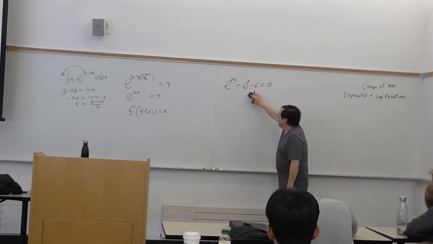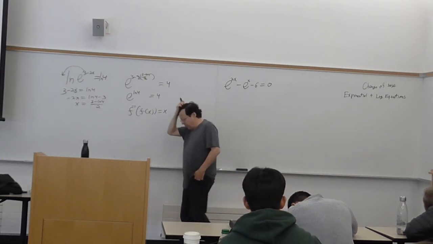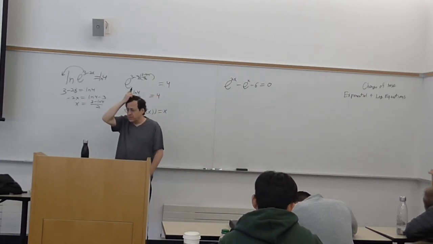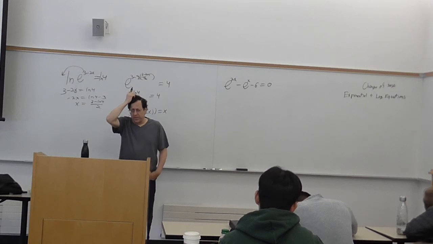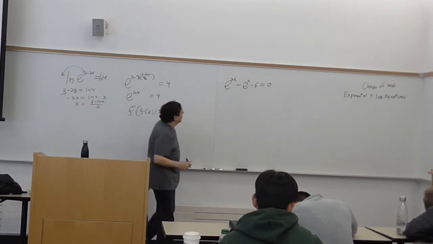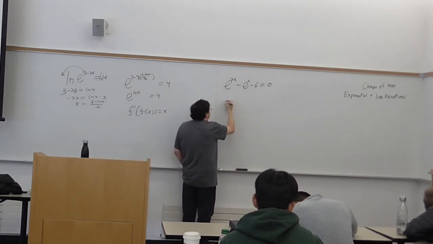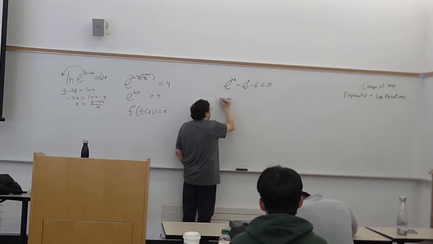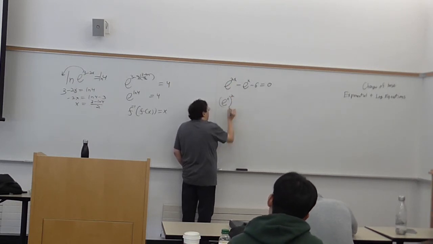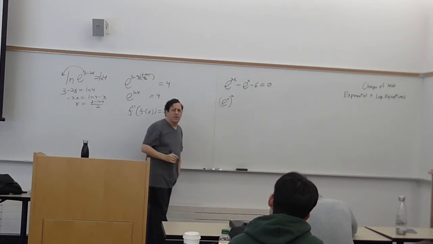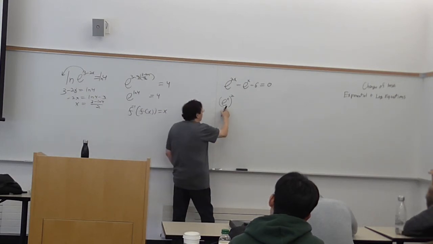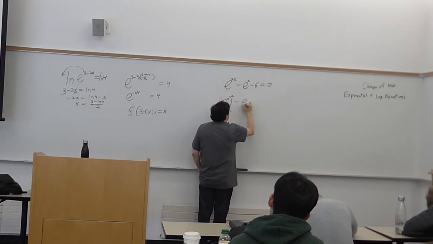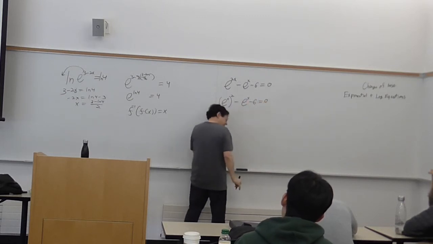What we need to do this problem is remember something we've done before in an easier context. The thing to realize is e to the 2x is e to the x squared. So we have something squared minus that same thing minus a constant equals 0.